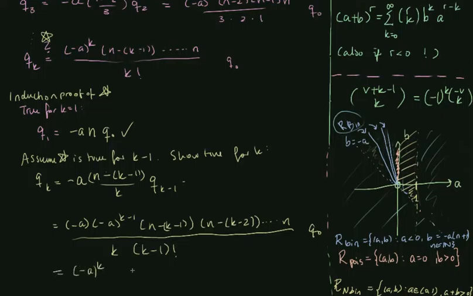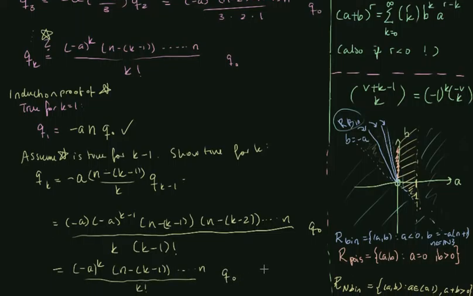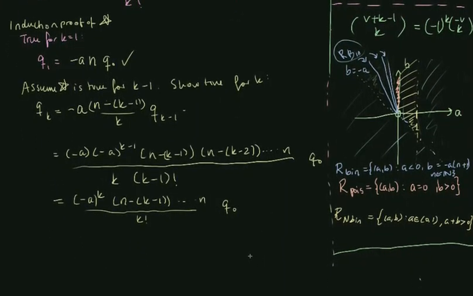That it's minus a to the k, then n minus k minus 1, multiplied all the way until n, divided by k factorial multiplied by q0. So that's pretty awesome. Now we found an expression for qk in terms of q0.